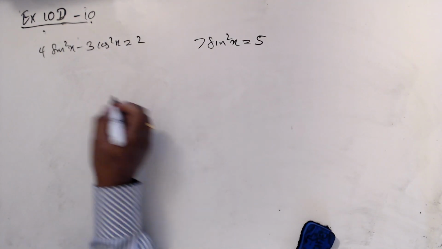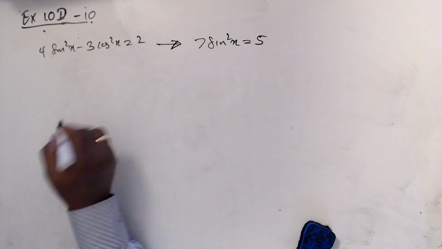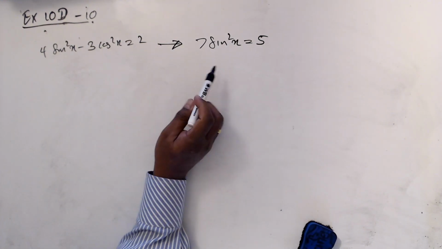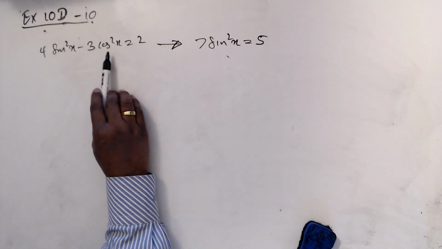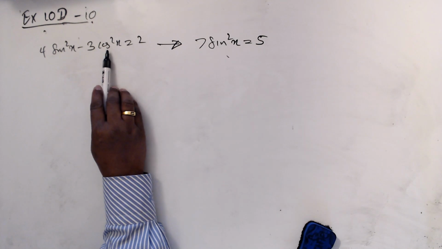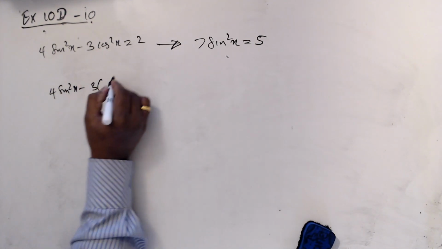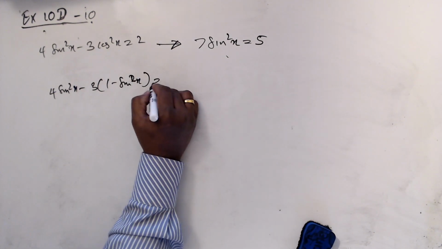Number 10, when you look at this sum, we want to write it like this. So what is missing here? Cos is missing here. So how can I vanish cos here? So 4 sine square x minus 3 times 1 minus sine square x, from the identity.